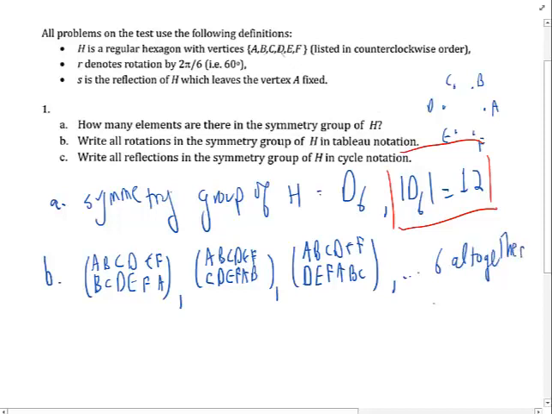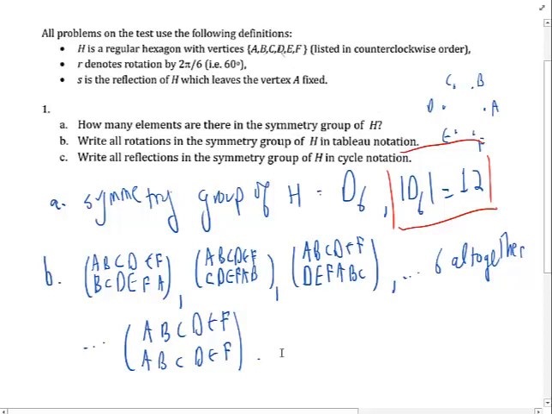If you do it this way, the last one would be the identity: A, B, C, D, E, F, which counts as a 0 degree rotation.